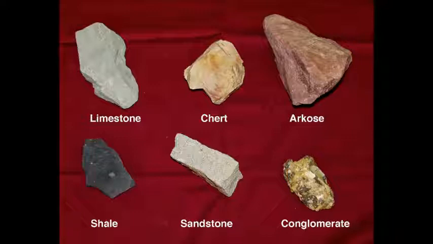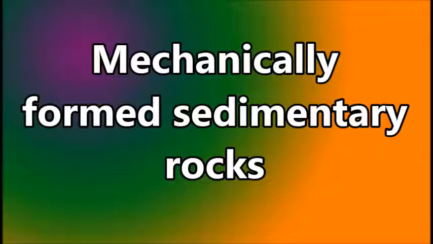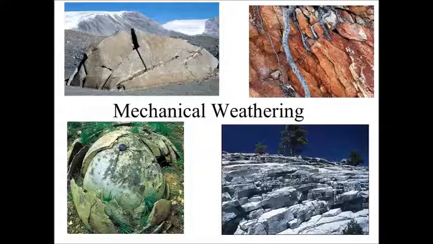On the basis of formation, there are different types of sedimentary rocks. They are, first one, mechanically formed sedimentary rocks. Rocks built by fragments of pre-existing rocks which have been produced by the process of weathering and erosion are called mechanically formed sedimentary rocks.